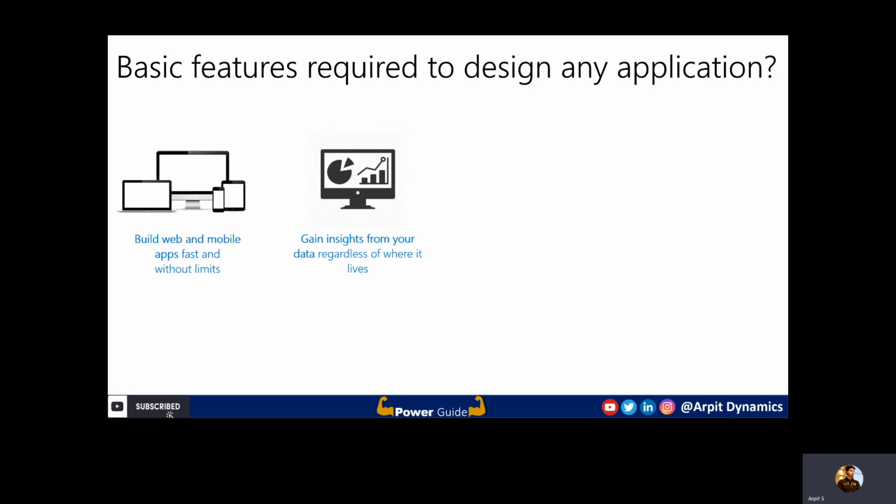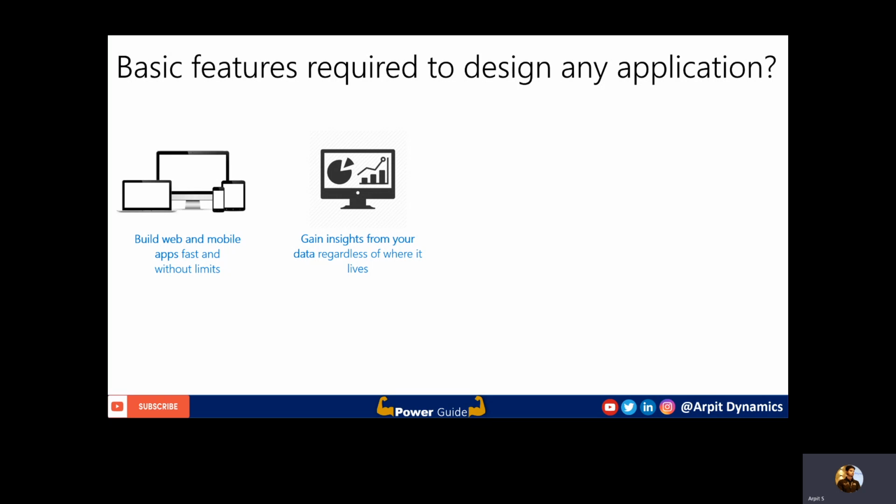The second feature that is required is insights into your data. You need a graphical way to represent your data. You need to understand the data through dashboards, reportings, or analytics.